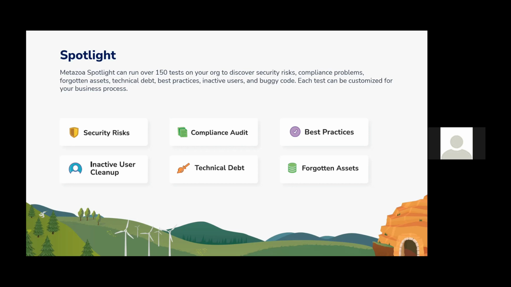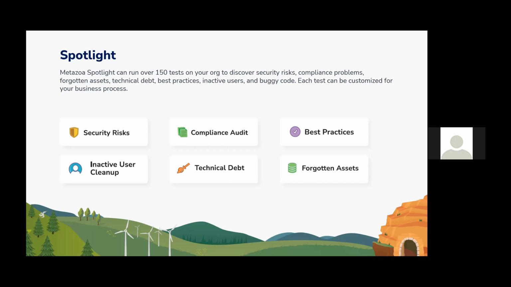As you can see here, it's got a lot of different categories that it covers. We're going to show you some highlights from that today. Obviously, we can't show you all 150 tests, but what we've got here is the first and premier comprehensive scan that takes the idea of an optimizer, like the Salesforce Optimizer, but does more than 5 times the amount of reports and goes into lots of areas that are critically important, not just technical debt, but things like security, to make sure that you don't have vulnerabilities in your org and that things are GDPR compliant.